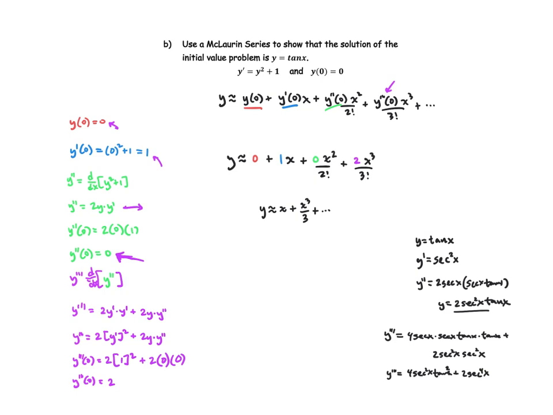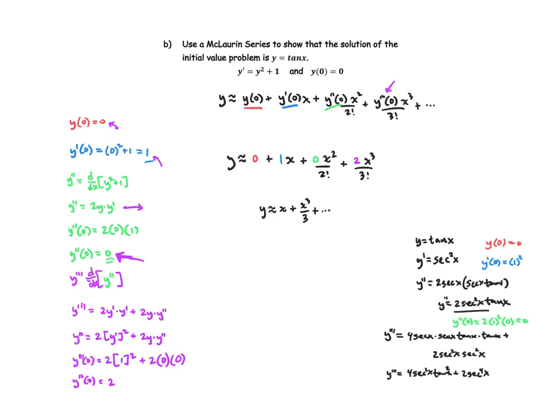Okay, so now let's build the polynomial in the same way. Well, y of 0 equals 0 because the tangent of 0 is 0. y prime at 0 is going to equal 1 squared, which, oh, by the way, is also 1. y double prime at 0, which I didn't label accurately, that should be a double prime, is going to equal 2 times 1 squared times 0, which is tangent at 0. So that'll equal 0.